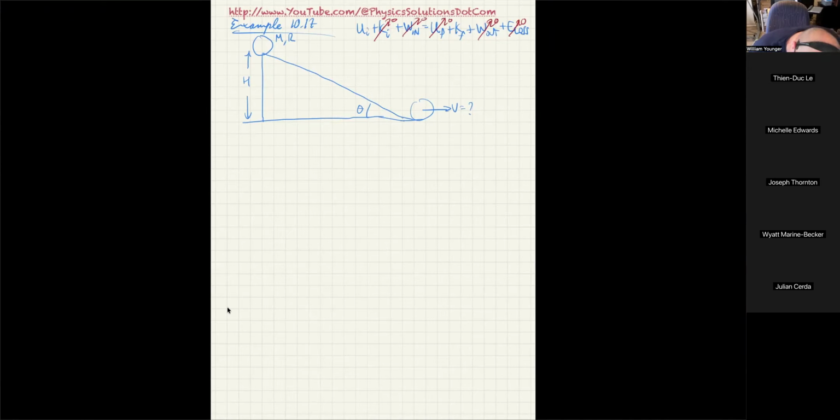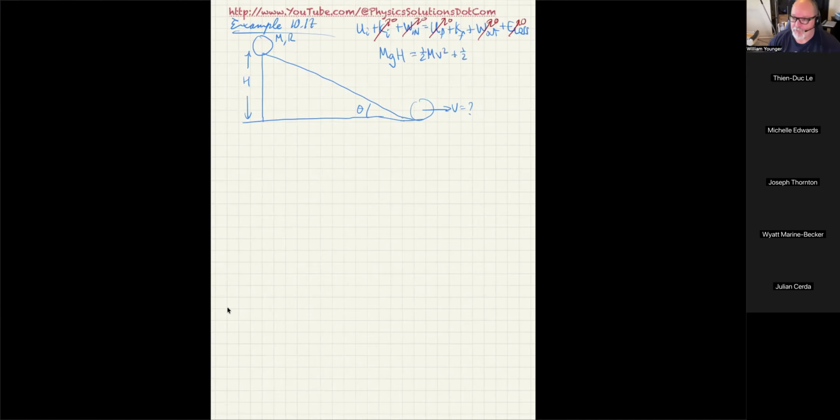That means what I have is big M times g times h is the potential energy, and that's equal to the final kinetic energy. But this time the ball is actually rolling, so it has a 1/2 mv squared, plus it's rotating, so it has a 1/2 I omega squared. So 1/2 m times v squared plus 1/2.